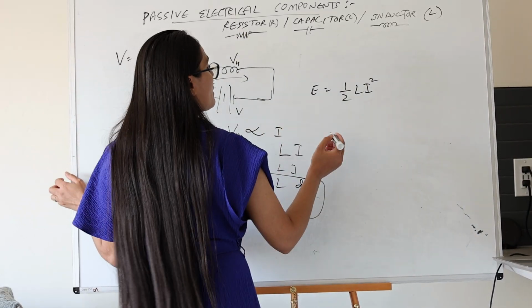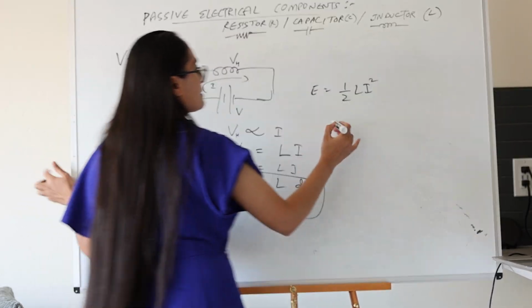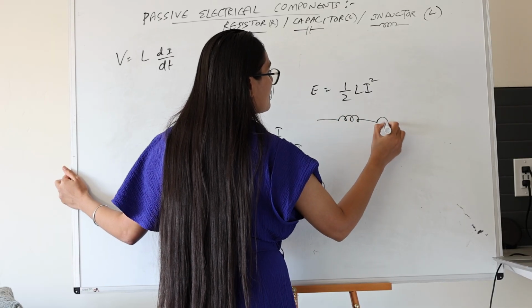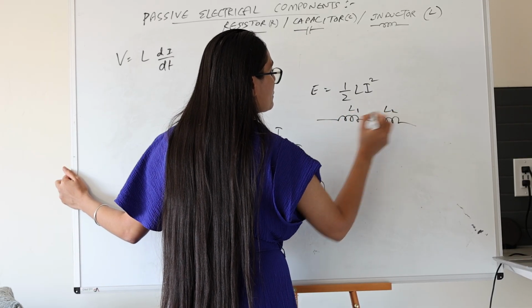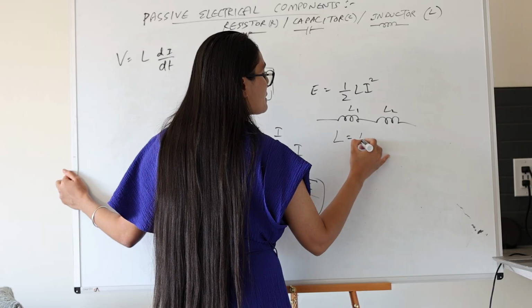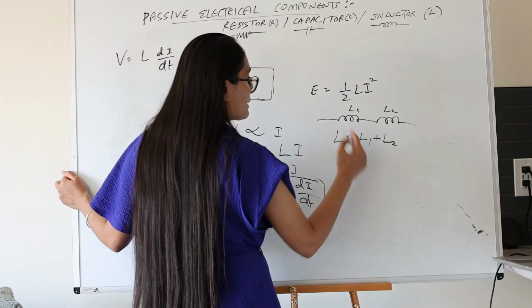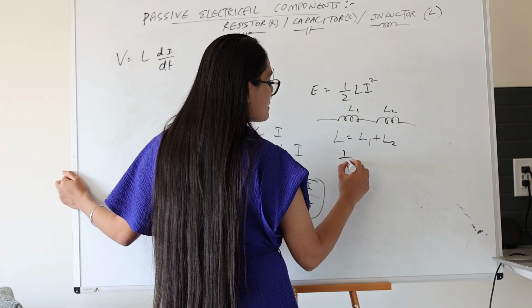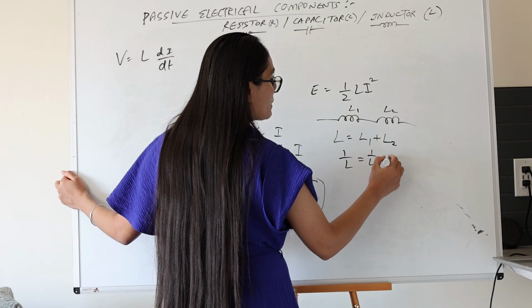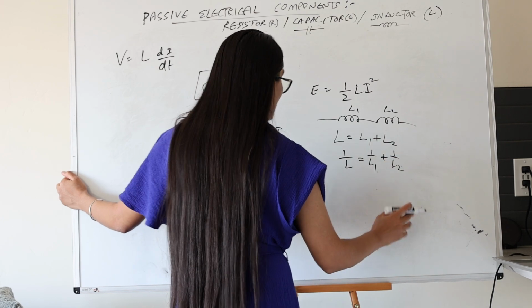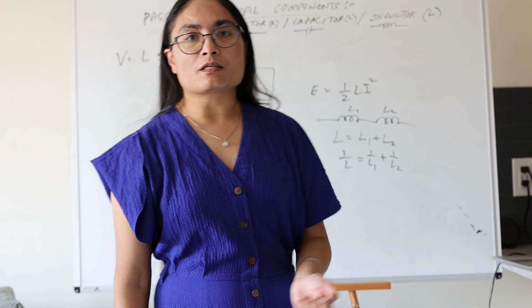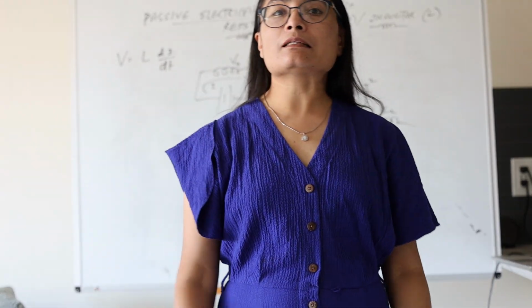So we just need to remember when the inductors are connected in series, let's say L1, L2, then the total inductance is L1 plus L2, similar to resistors. If they're connected in parallel, then it's 1 over L equals 1 over L1 plus 1 over L2. That's all I'm going to cover about inductors without going into further details.